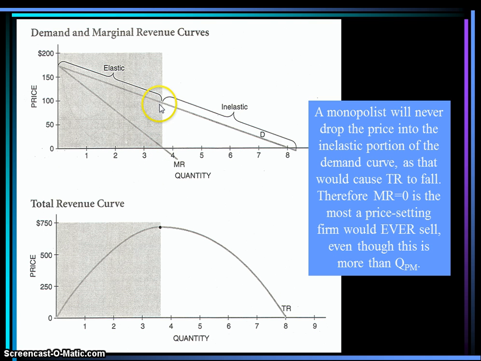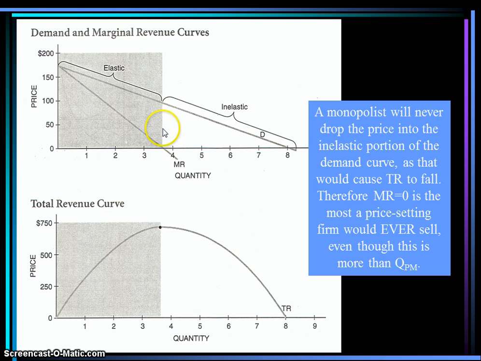Again, because they're not going to increase their output to the point where the price drops into the inelastic portion of the demand curve. Because inelastic demand means that if you lower the price, your total revenue decreases, and that wouldn't be a smart thing. So MR equals 0 is the most a firm would ever sell.